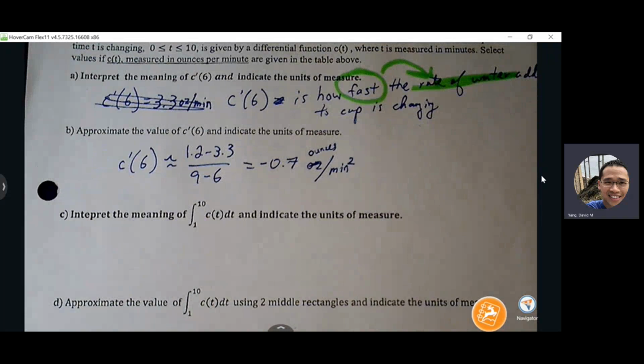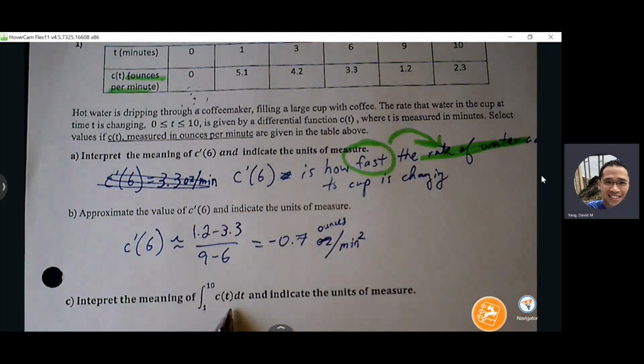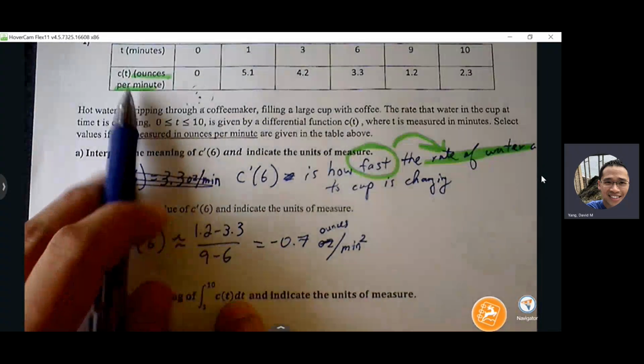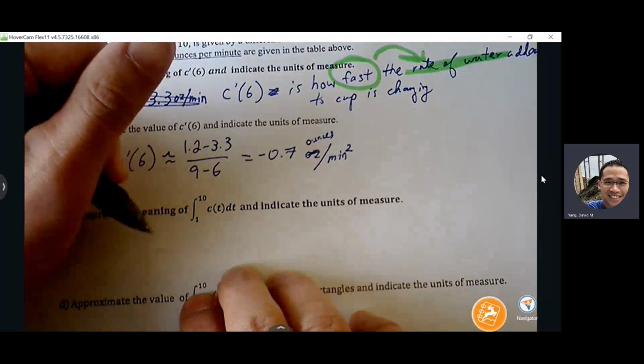Okay, interpret the meaning of the integral from 1 to 10 of C of t dt, indicating the units of measure. So C is in ounces per minute. We know the antiderivative will be in terms of what? Ounces, right? But let's think about the first theorem here.